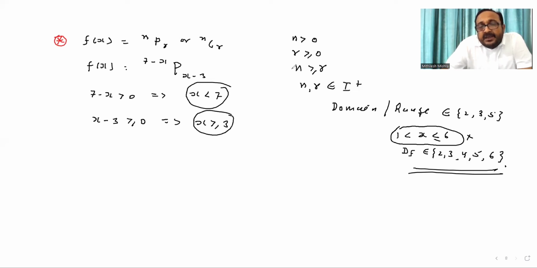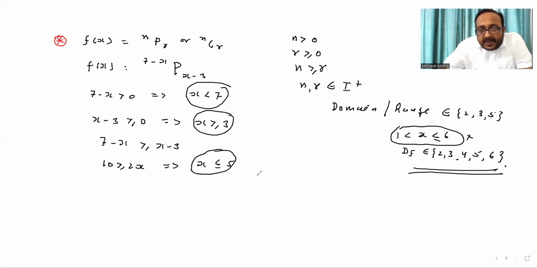Second point. Third point is n greater than or equal to r. So 7 minus x should be greater than or equal to x minus 3, or 10 is greater than or equal to 2x. So x less than or equal to 5. Now put on the number line: 3, 5, 7.